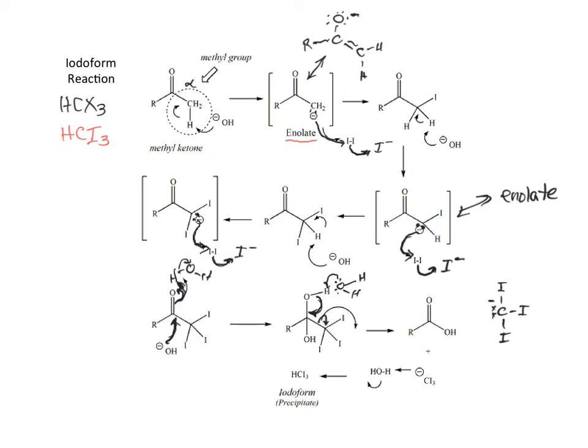And so then this is our triiodomethyl anion, CI3 minus. I think the carbon just isn't showing here, right?